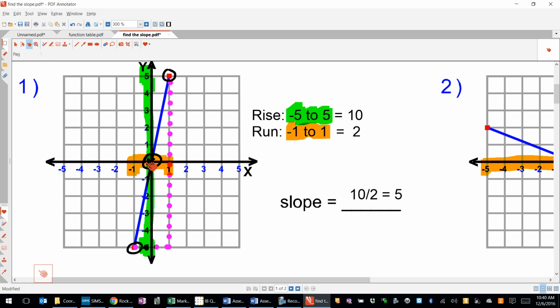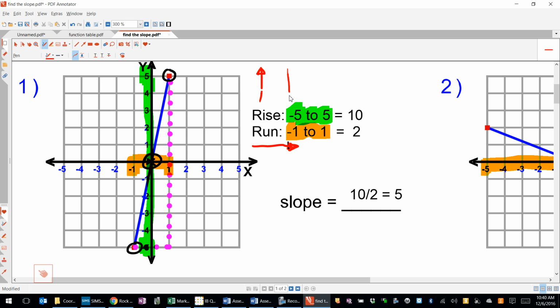So rise over run means, well, run always goes left to right. If you ever find yourself going right to left, there's a flaw in your method. But rise, however, could go up or it could go down.